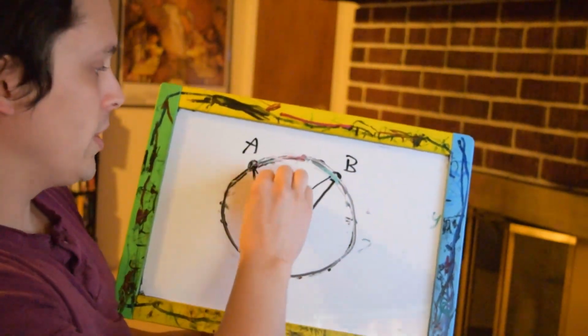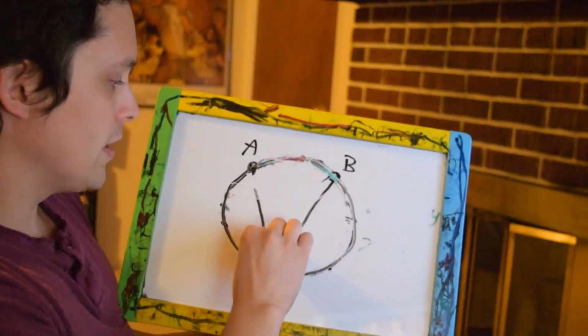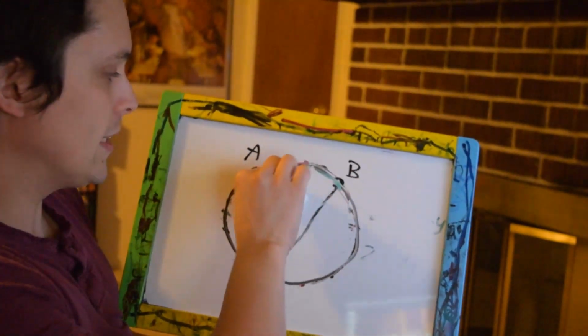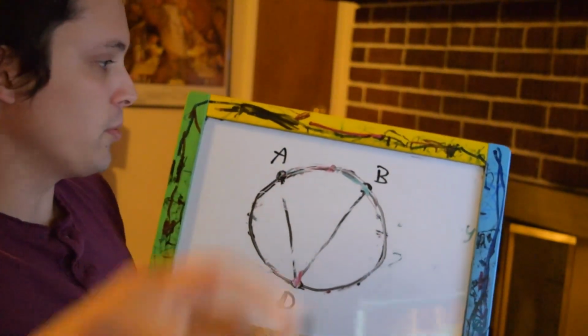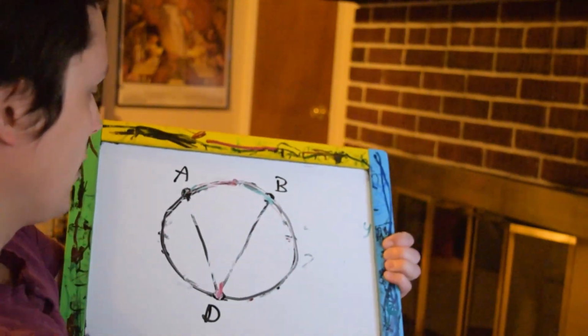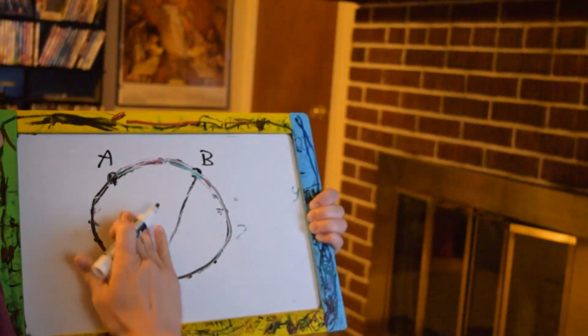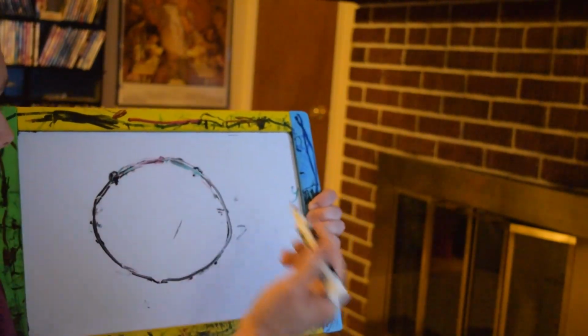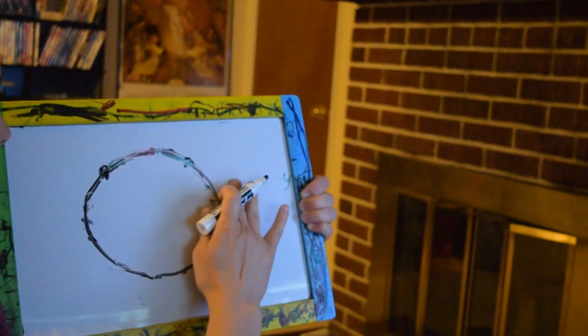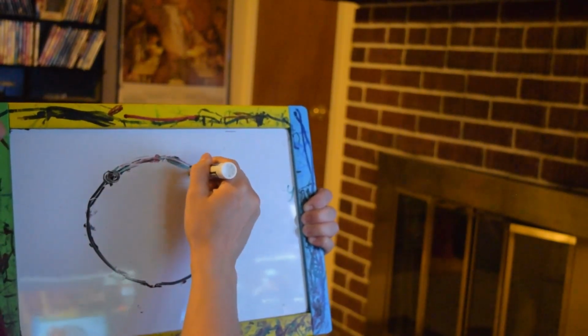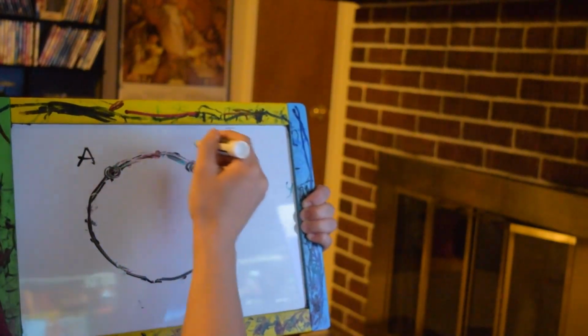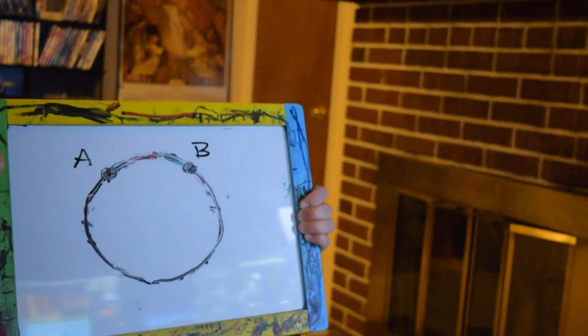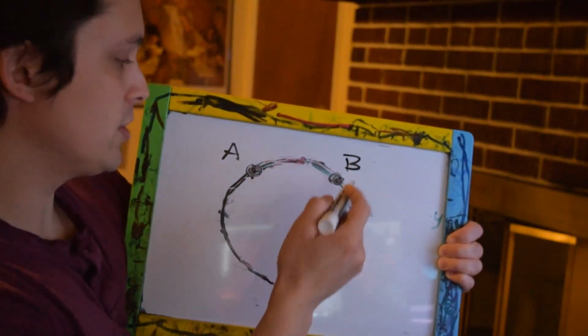Okay, so that's a whole bunch of proof stuff. Let's go back to what is it that we just proved? So what did we actually prove today? We proved that when you just start out with a blank circle, if you pick any 2 points on that circle, you can call them whatever you want, but I'm going to call them A and B. So we start out with 2 points on the circle.